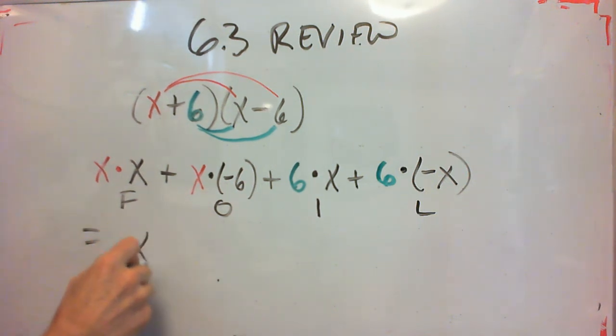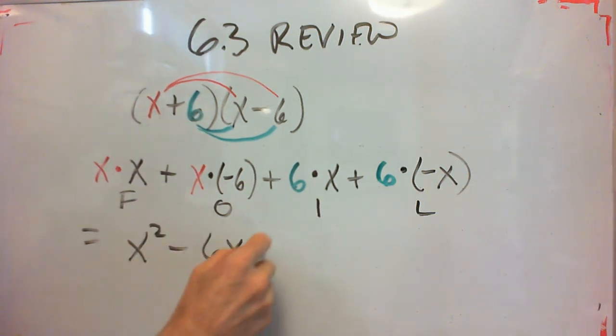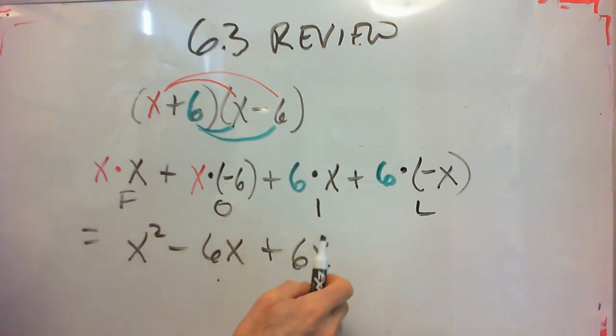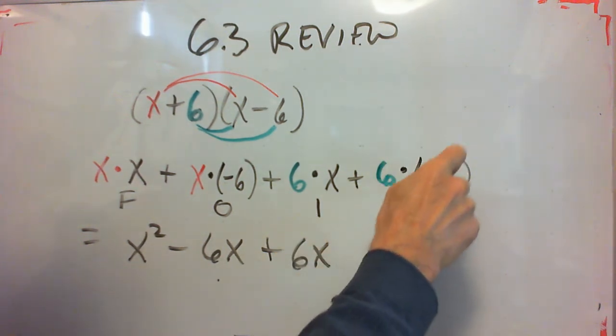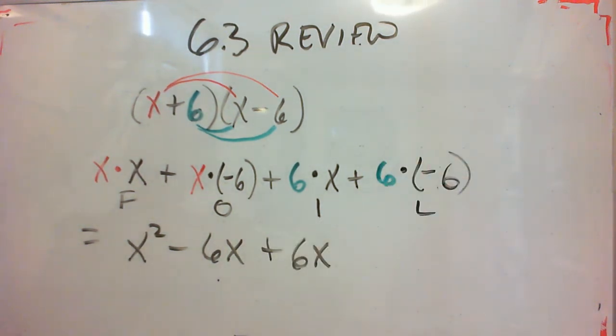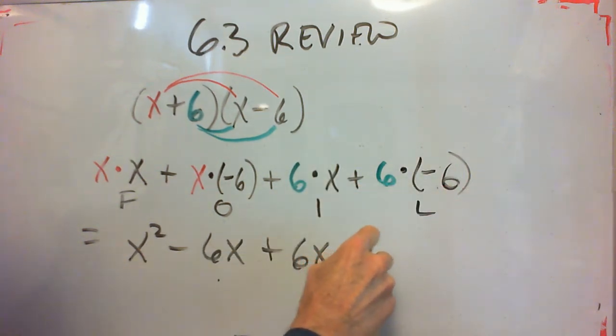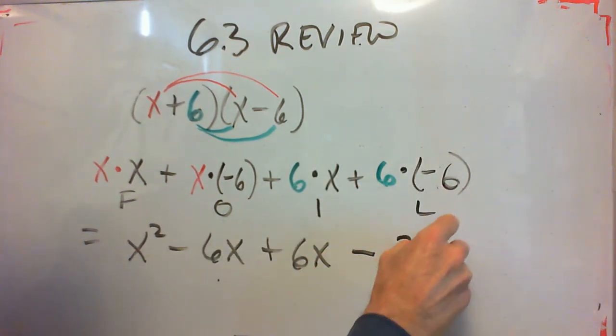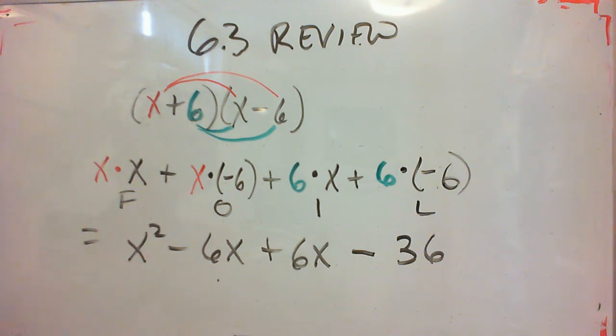And then we get x squared minus 6x plus 6x. And that should be minus 6 there. Plus 6 times negative 6 is minus 36. And the 6x's cancel, so we end up with x squared minus 36.